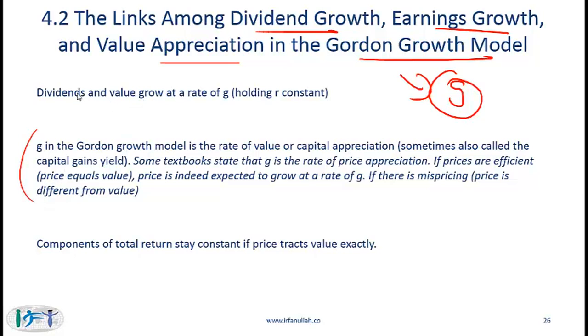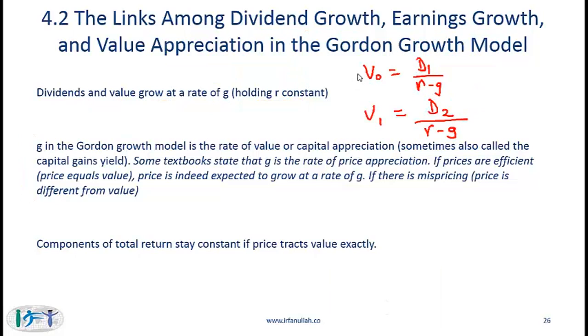But first I'll illustrate a point. When you use the Gordon growth model and you assume a given growth rate of G, let's say G is 3%, and you hold R constant, let's say we are holding this constant at 10%, then the dividends and the value grow at the same rate.